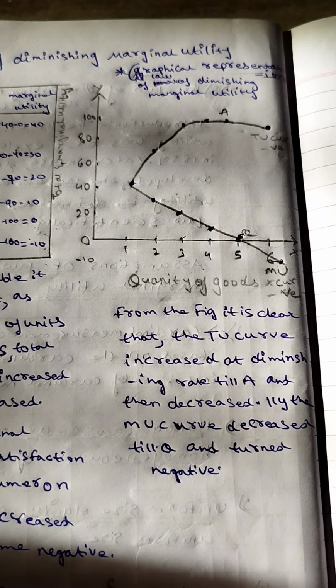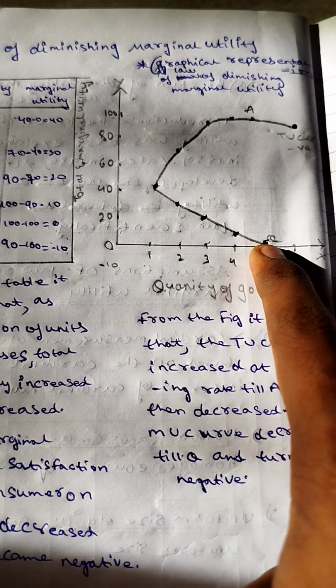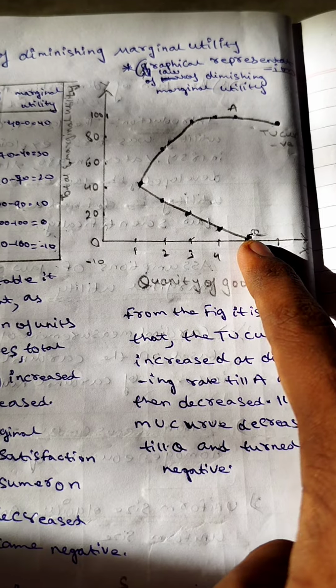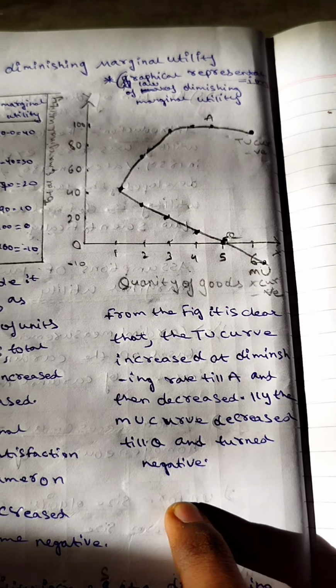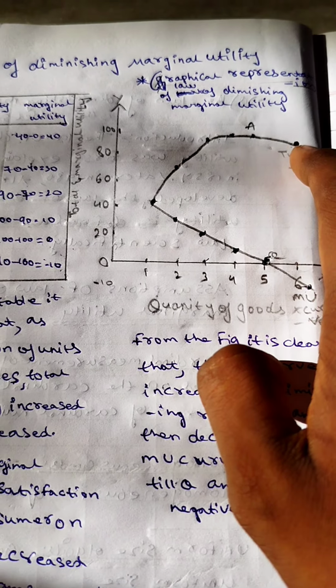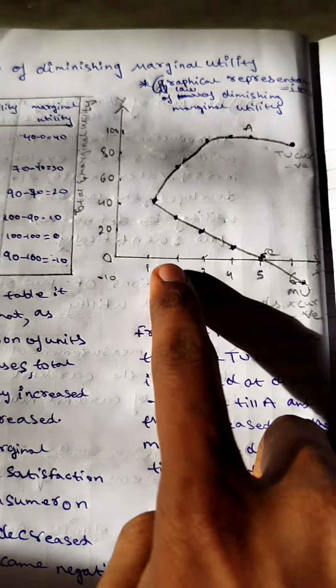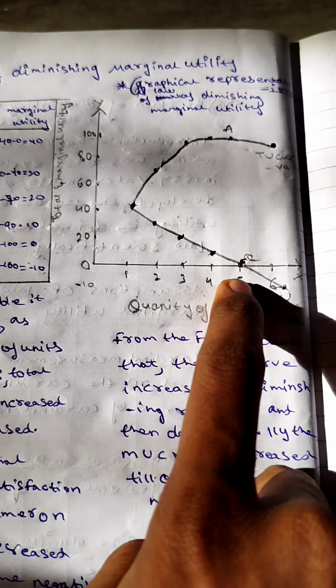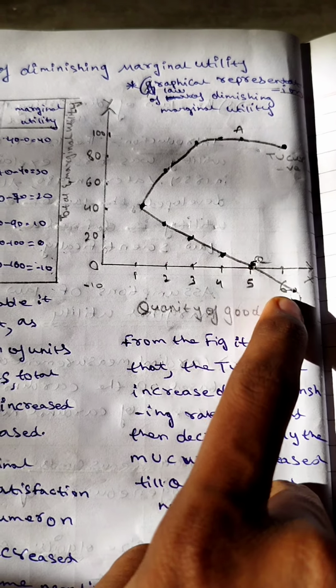MU curve decreases till Q and turns negative. And the TU curve increases till A and later decreases.